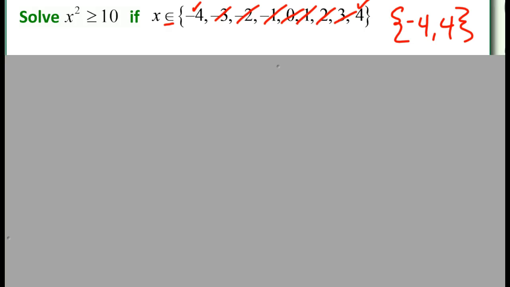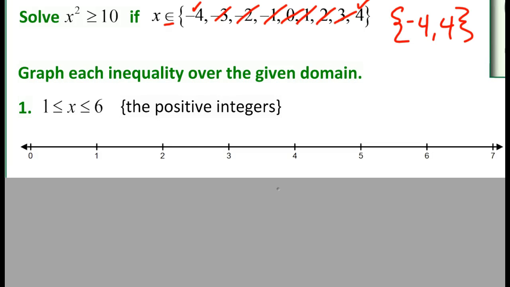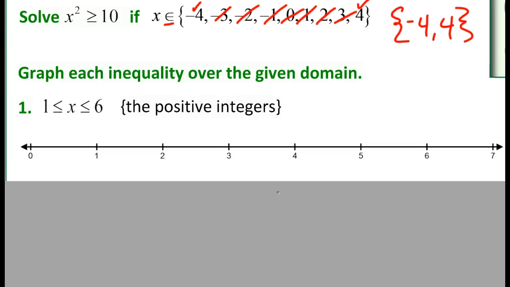All right, so now we need to figure out how to graph these inequalities. Now we're going to graph each inequality over the given domain. Now, if you remember a few minutes ago, we reviewed what integers were. Integers are numbers and their opposites. The other thing we have to worry about is our inequality signs.